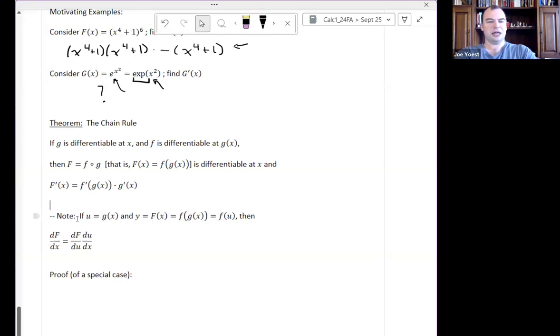And as a side note, if we use this ratio of differentials form, if we set u equals g of x and y equals big F of x, or little f of little g of x, or f of u, then we can say that dF/dx equals dF/du times du/dx. And this actually has a very nice look to it, right?